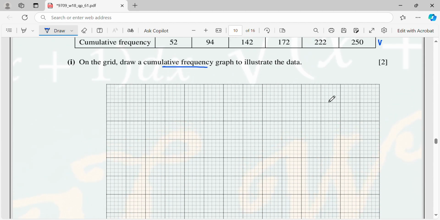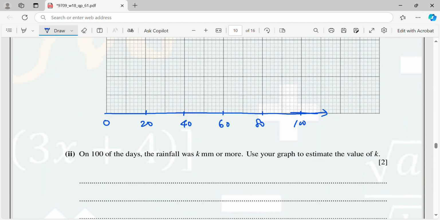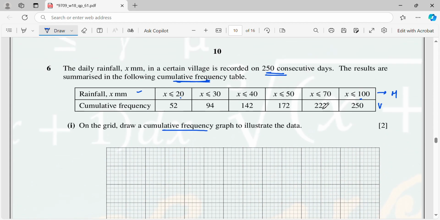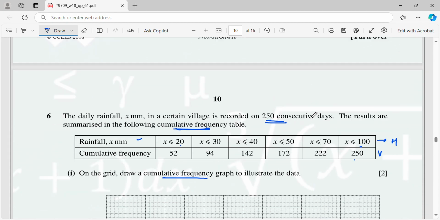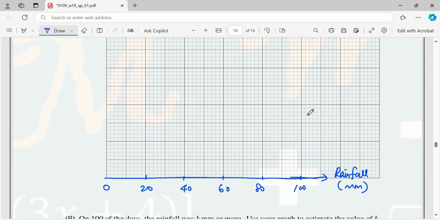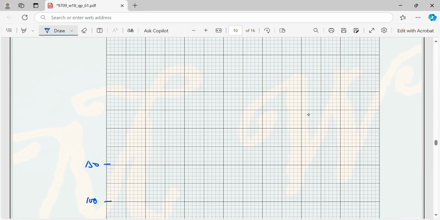Then that is the X rainfall, so here I will just write rainfall in millimeters. Then the cumulative frequency is up to 250. So if 250, the easiest way is 50 for each. So here 50, 50 for 10 squares. So 150. Then here is 200. Then this is 250.